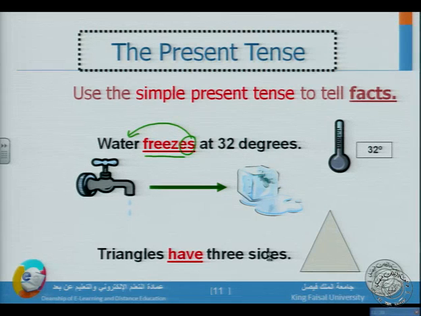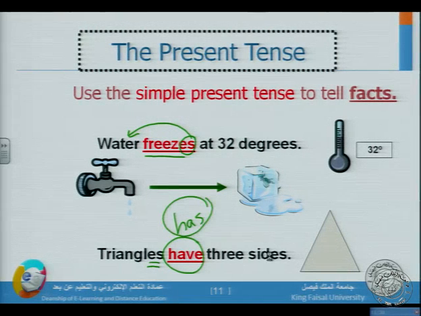Triangles have 3 sides. المثلث have 3 sides. استخدمنا have. ليه ما استخدمنا has؟ لأنه triangles جمع. have تأخذ بس الجمع. بينما لو بدنا نستخدم has لازم نحكي triangle. هذا اللي لازم نحكيه. Okay? Let us move.